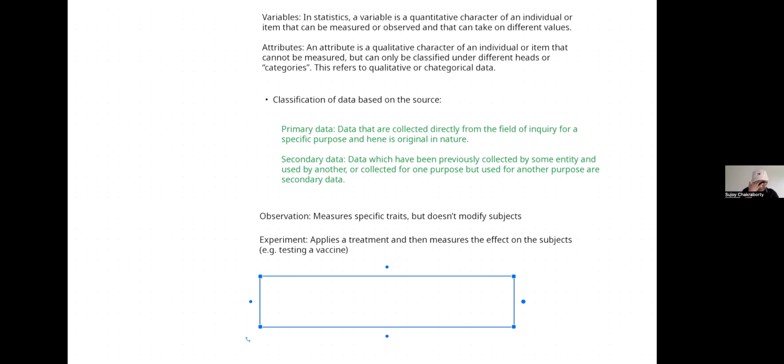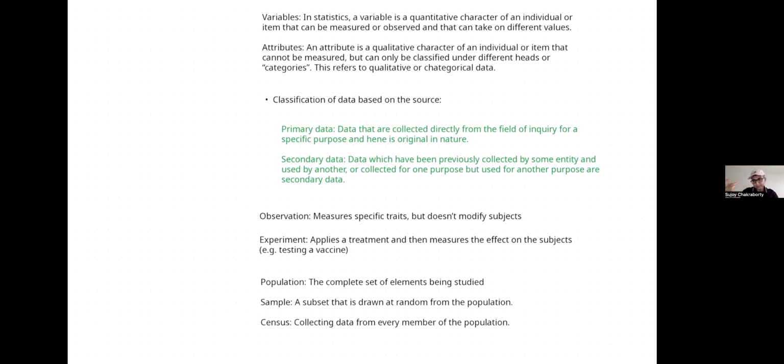So what do we do when we collect this sample? Our goal is to measure some feature or some characteristic of the population, right?